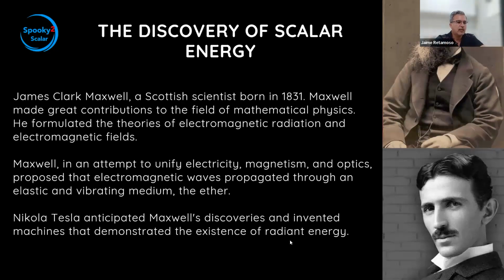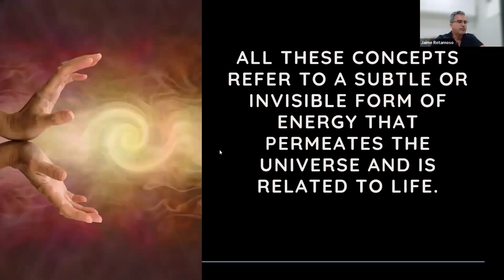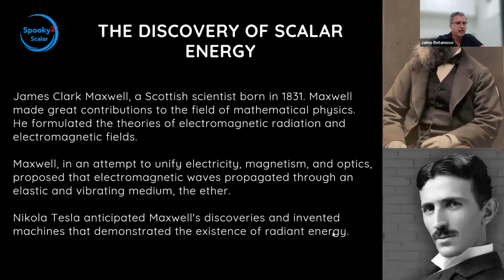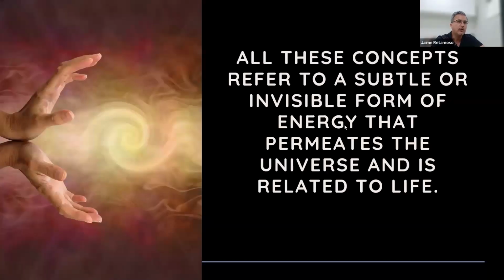Tesla called it radiant energy, but all of these concepts refer to a subtle, invisible form of energy that permeates the universe and is related to life. Even Nikola Tesla used this energy to heal, to cure people.